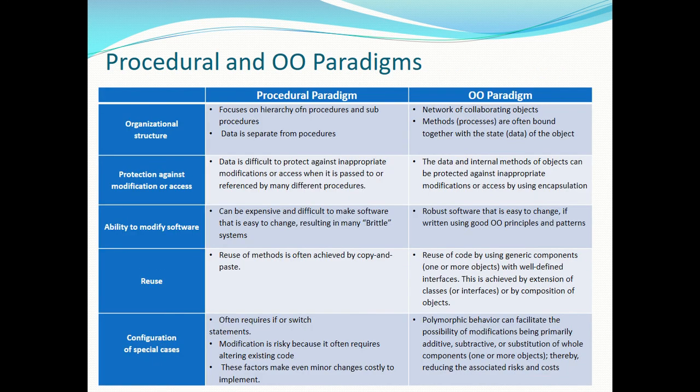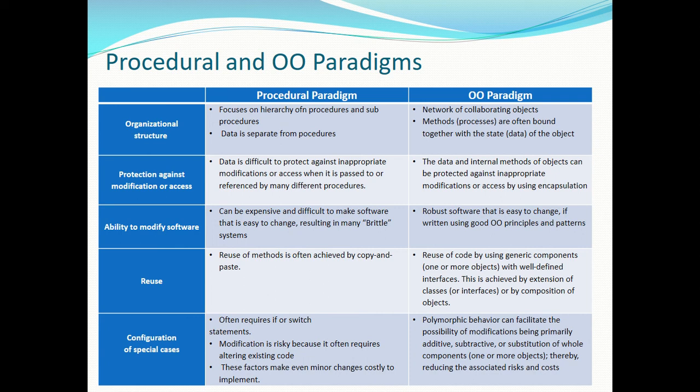Now, there's more explanation on the difference between them. As we said, the organization structure of a procedural language goes from the top to down because it just goes in a flow. But object-oriented programming is more like objects, and there's a collaboration between them. So it's just a network. It is not like a tree that you need to climb.